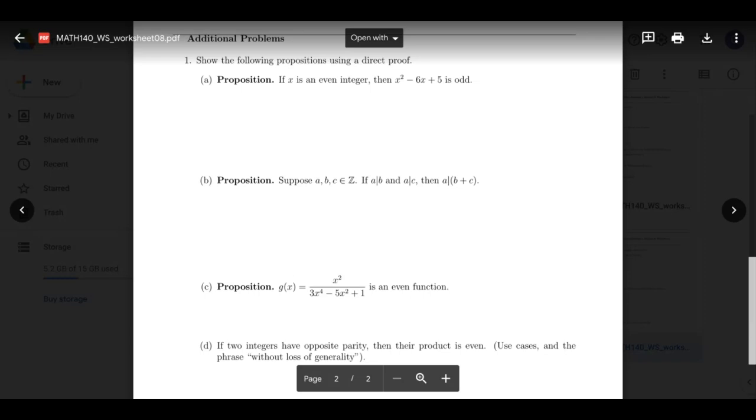So a is an integer. So x being even means I can write x equals 2a. a is just some integer. Then we simplify the expression. Then in the end, we write it as 2 times something plus 1. And this something we can think of as k, 2k plus 1 form.